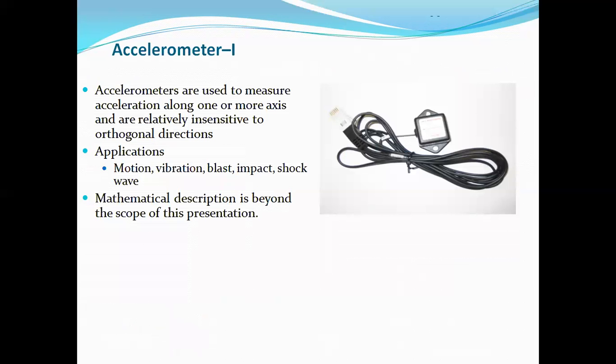Next one is an accelerometer. Moving on to the speed range of sensors. Accelerometers are used to measure speed. Major applications here are motion analysis, vibration, blast conditions, impact conditions, and shock wave proofs.